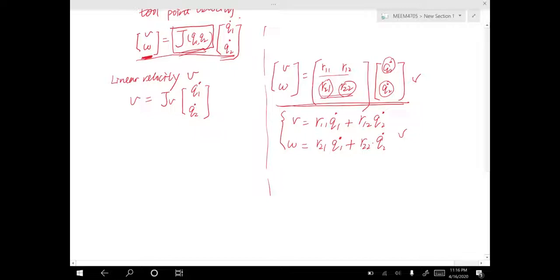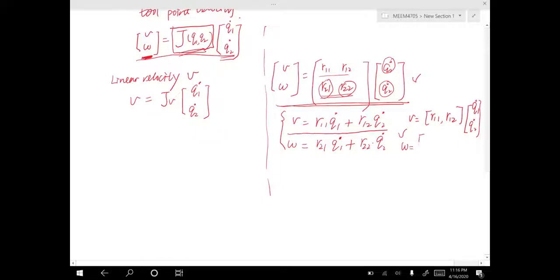So if we want to calculate this JV, and what is JV if we want to use one matrix to consider this thing. That is v equals R11, R12 times q1 dot and q2 dot, right? And that's correct. And how about the omega?